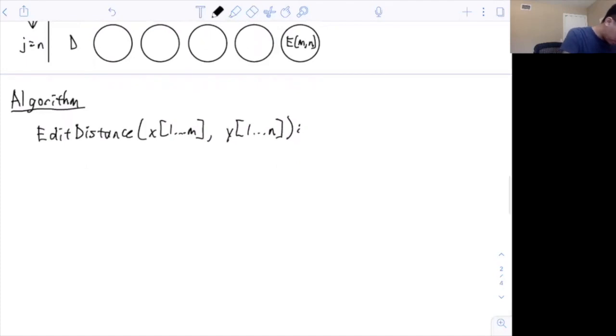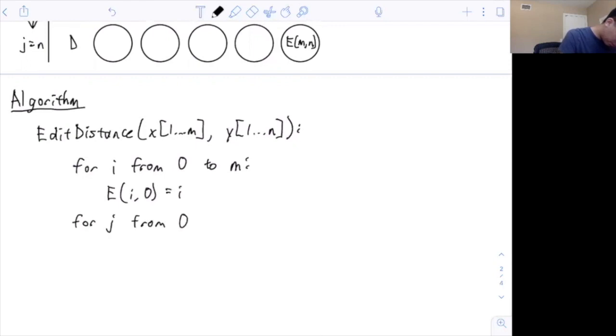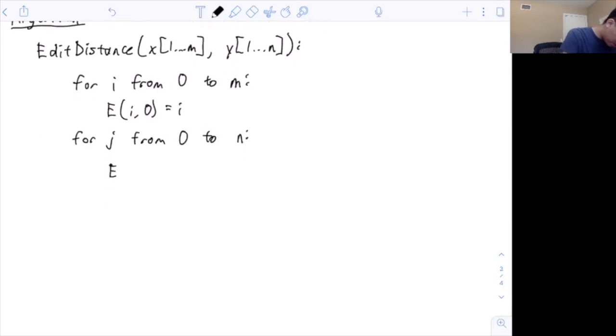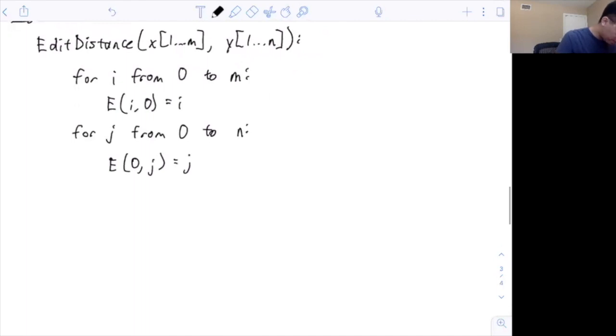So first we'll take care of our base cases. For i going from 0 to m, we'll have e of i0 equals i. And then for j going from 0 to n, we have e of 0j equals j.